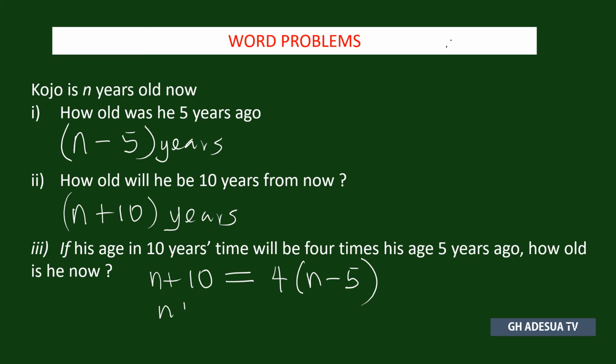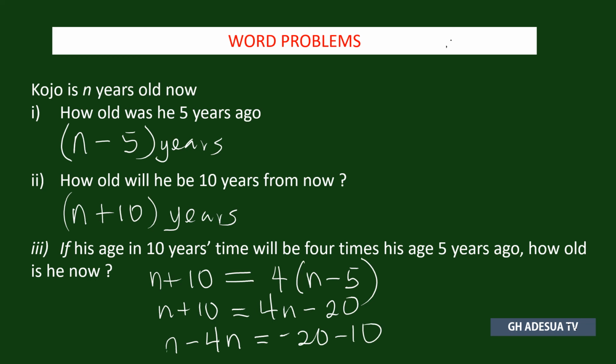So n plus 10 is equal to 4n minus 20. Group like terms, we have n minus 4n is equal to minus 20 minus 10. Now n minus 4n is negative 3n, and negative 20 minus 10 is negative 30.